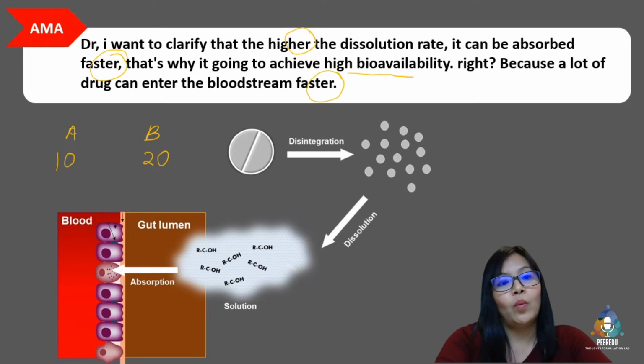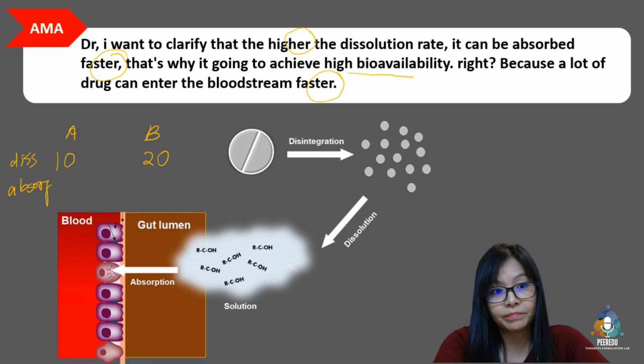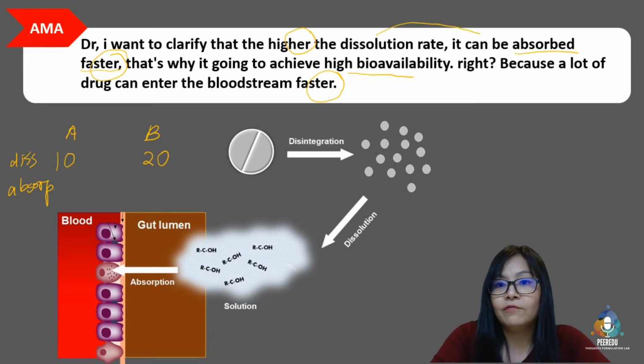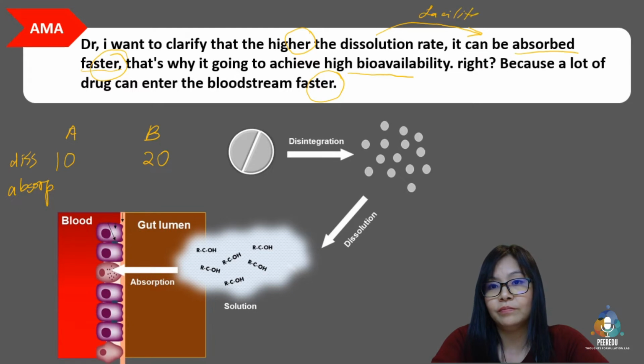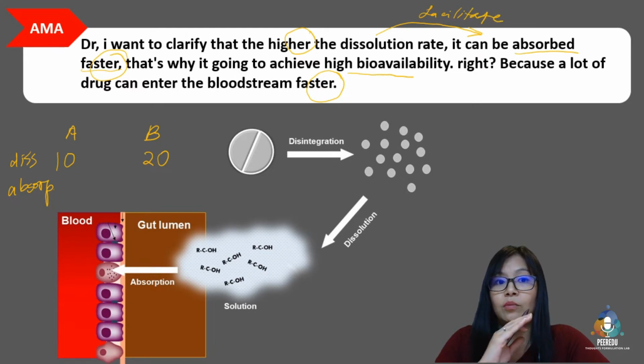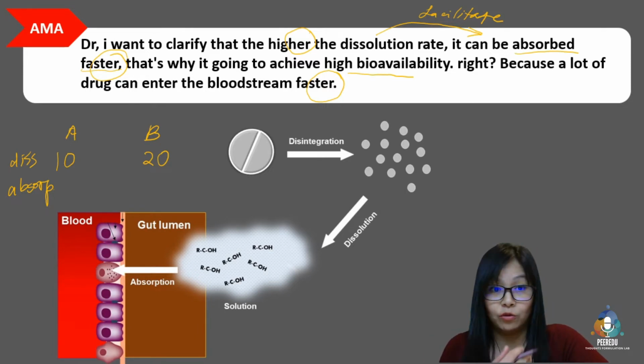But that is when we talk only about dissolution, because we did not know about absorption. So, to clarify, a higher dissolution rate can facilitate absorption. Whether or not it will entirely make the whole absorption faster is very much dependent on which drug you are talking about.